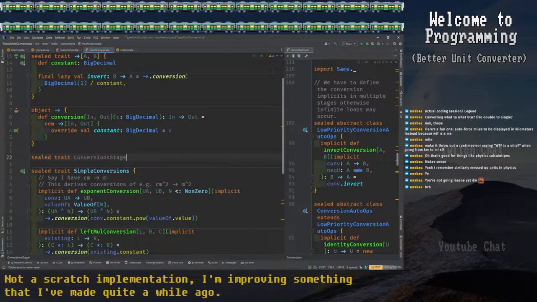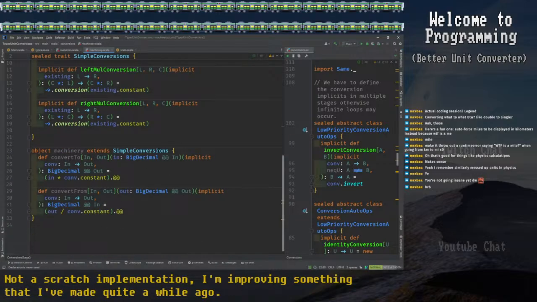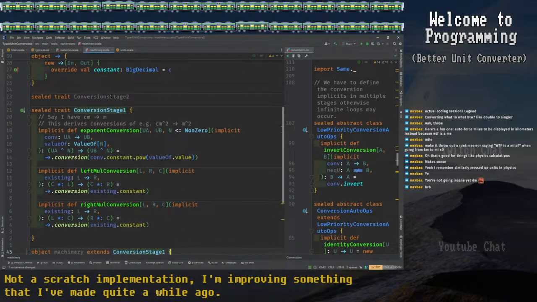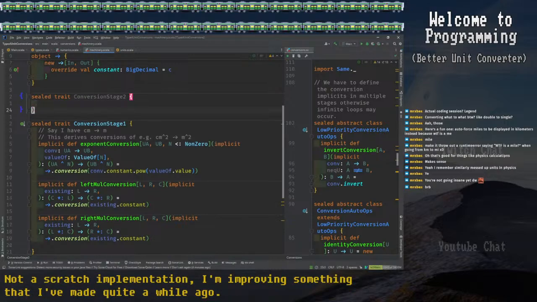Let's just actually number these. So these have to expand outwards. So this is going to be not simple conversions. This will instead be conversion stage 1. This can be conversion stage 2, where if we can't find anything in stage 1 to resolve our problem, then we will need to consult conversion stage 2.